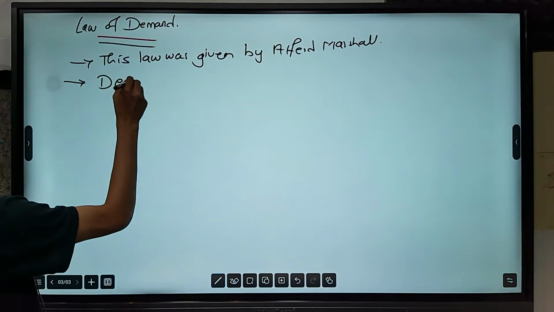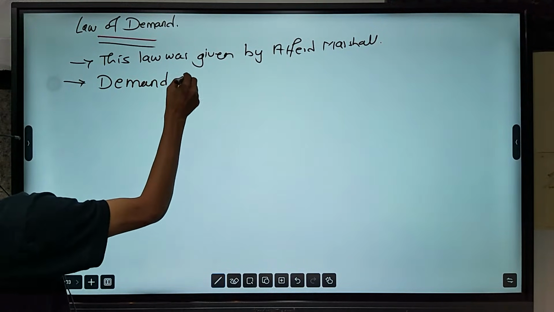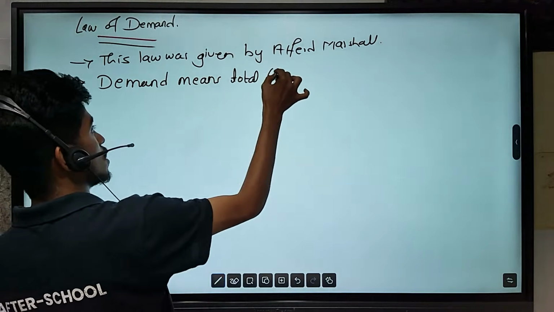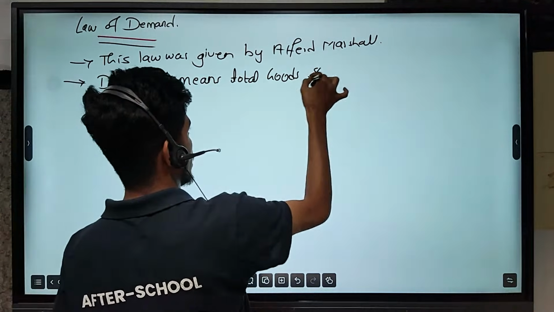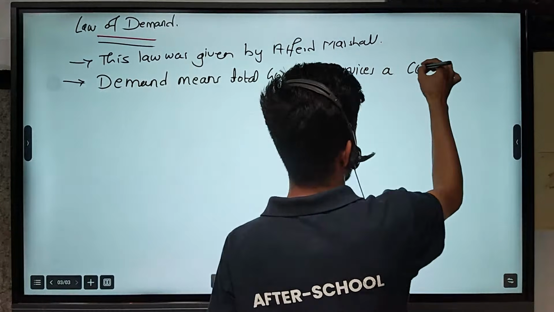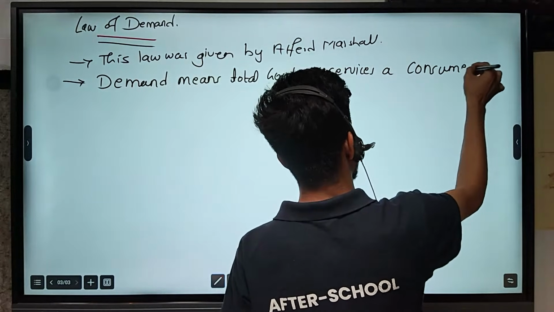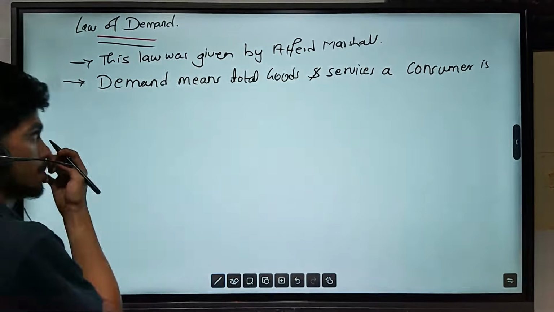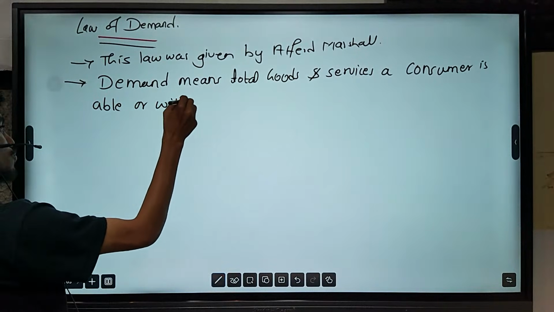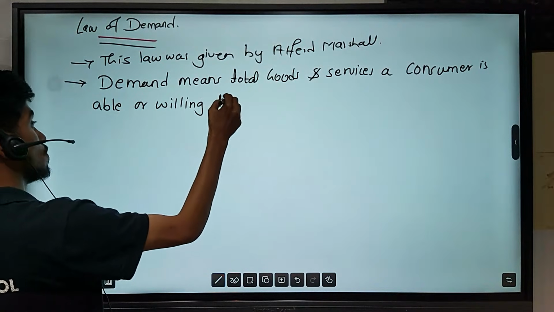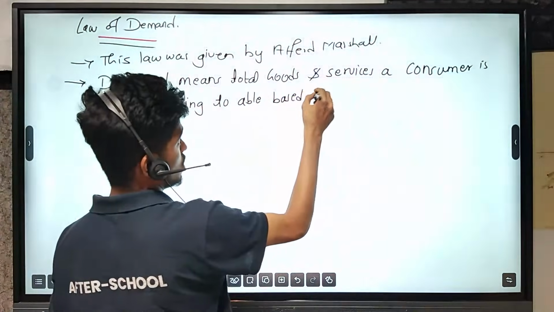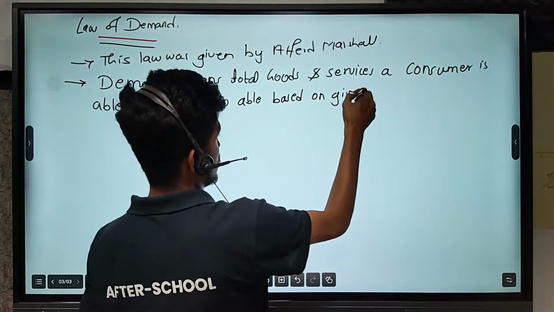Okay. Now, second point, you can write the meaning of demand. Demand means the total goods and services a consumer is able or willing to buy, based on the given income.